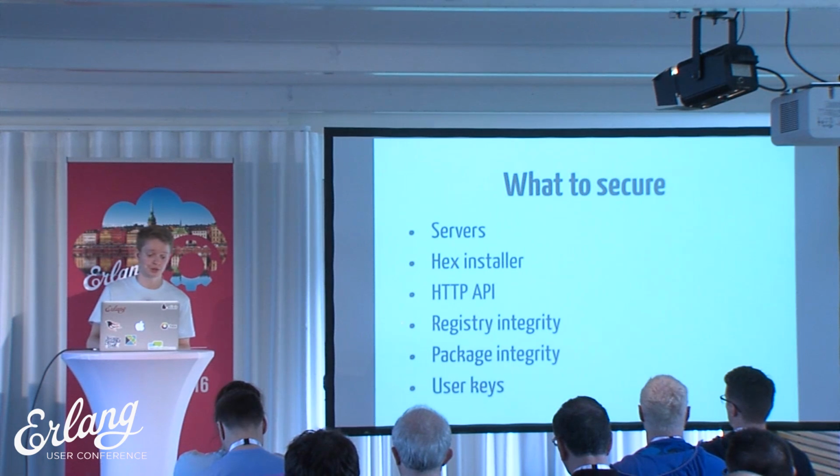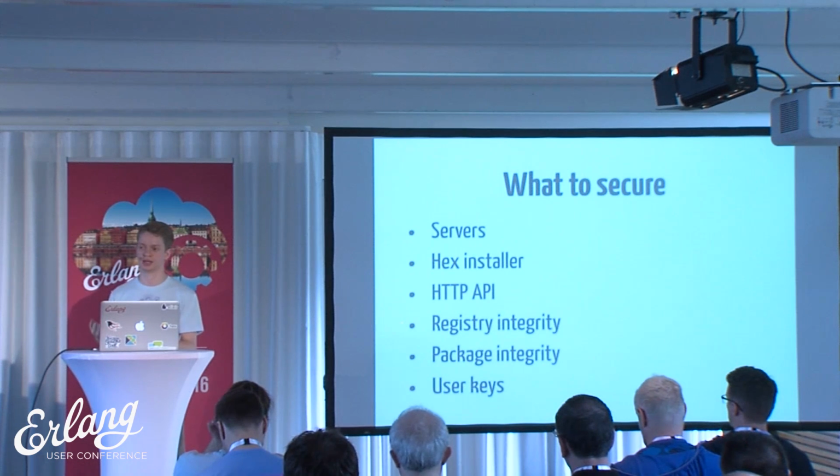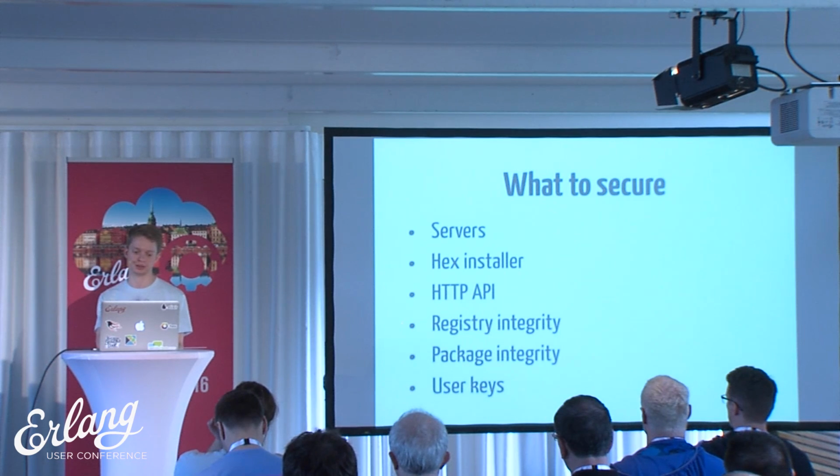Other things that we need to secure is the actual binary that is the Hex client. And this is from Mix, by the way. Elixir ships with a public key that we use to verify the Hex client that is installed.